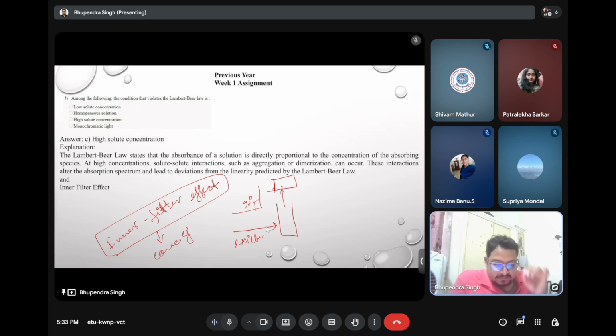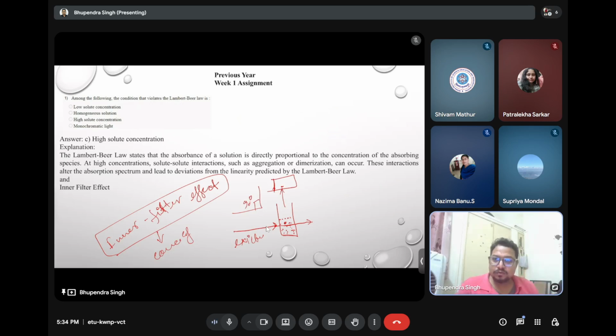What will happen when the concentration is low? The light will pass through till here, it will transmit, and some molecules will absorb the light. These molecules go to the excited state and emit.